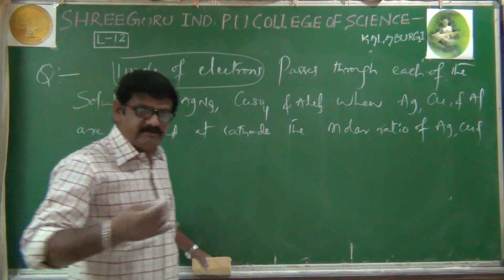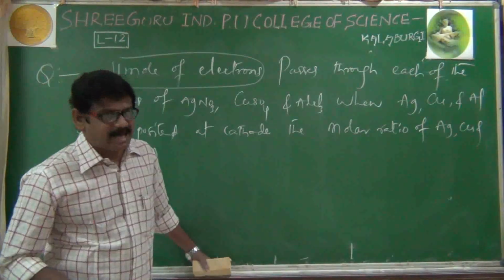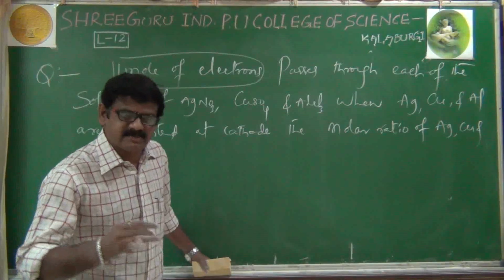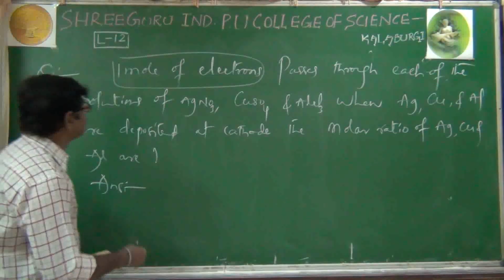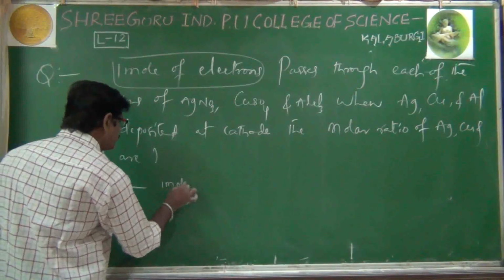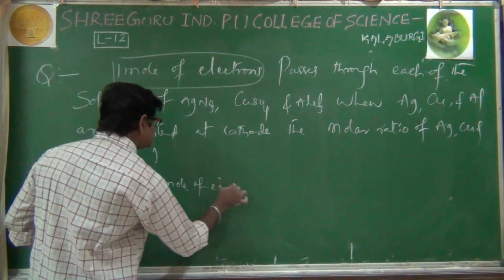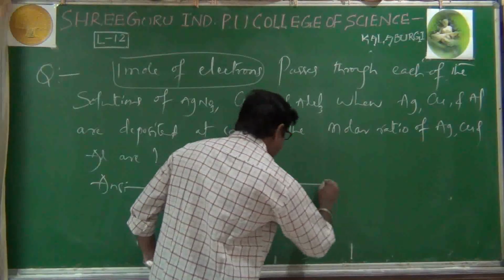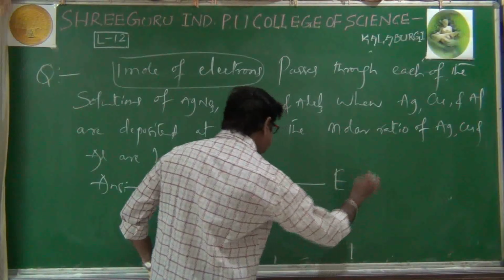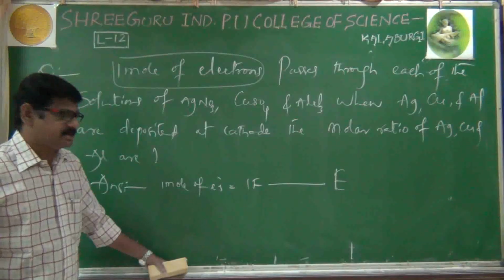When we are sending 1 Faraday of current, then the amount of substance deposited is equal to its corresponding equivalent mass. Therefore, 1 mole of electrons is nothing but 1 Faraday. If you send 1 Faraday current, the amount of substance deposited will be its corresponding equivalent mass.